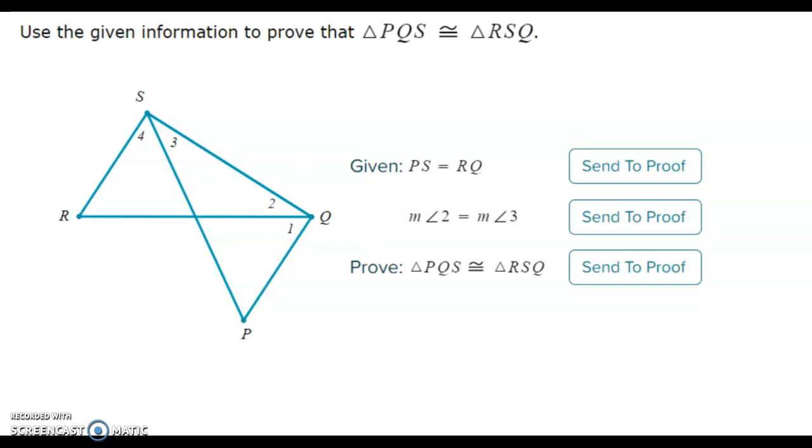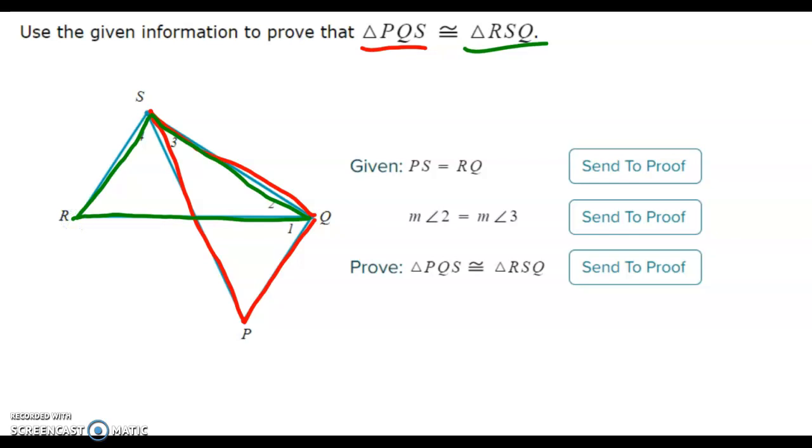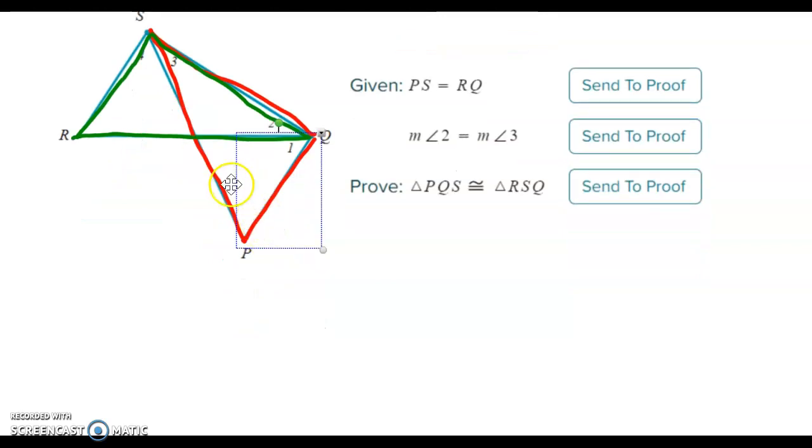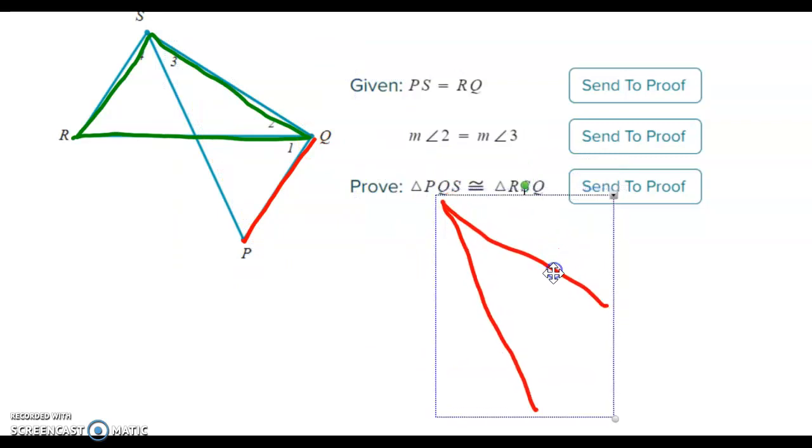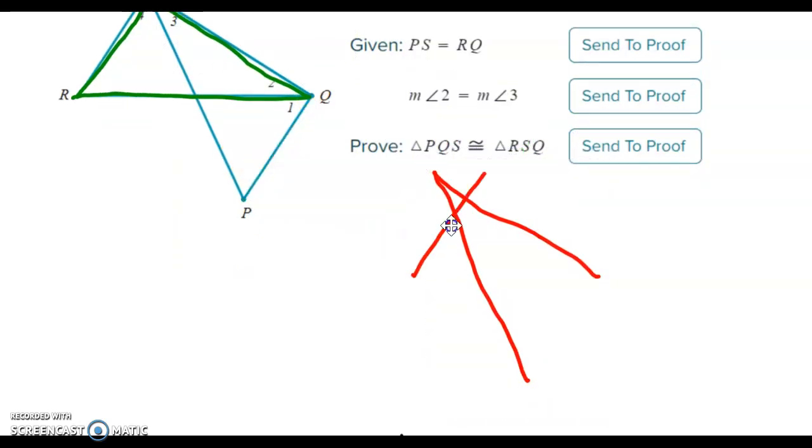Okay, now as we had mentioned, with these diagrams here, you're definitely going to want to separate them. So what are the triangles they're talking about? Well, triangle PQS. So PQS. And then RSQ. So we're going to separate these triangles.